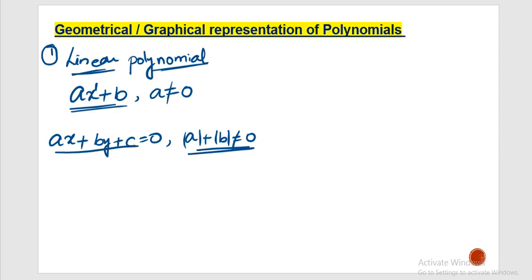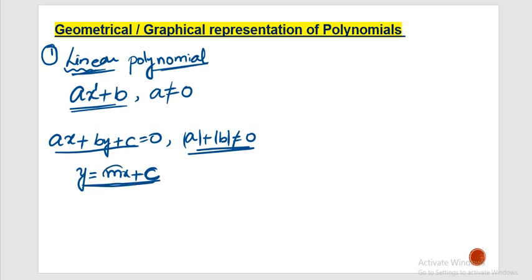You have learned that y is equal to mx plus c is nothing but a straight line equation. Now, linear equation means, if you observe the first four letters, it indirectly says that the linear polynomial graph is always a straight line. So from that we have y is equal to mx plus c.